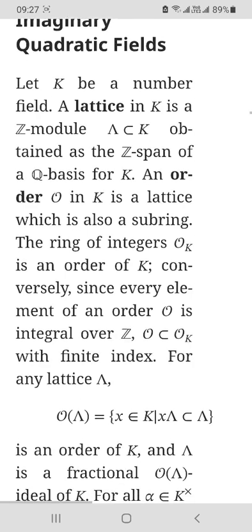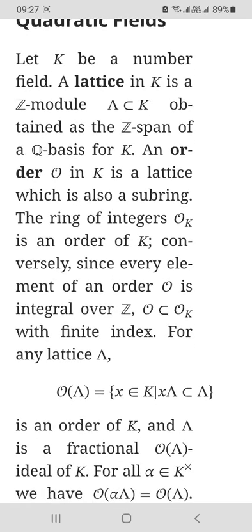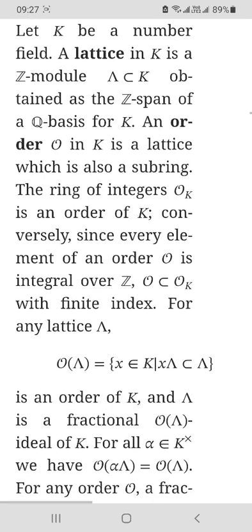An order O in K, order O-R-D-E-R. An order in K is a lattice. So an order is also a lattice, and the lattice is a Z module. What is the relationship between the order and the lattice?